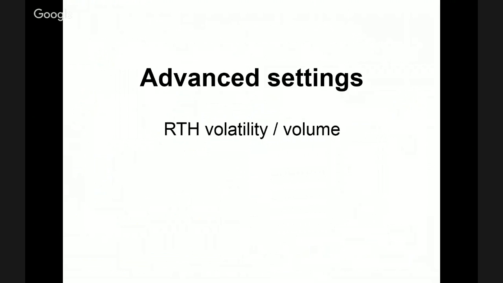So for most instruments, important volatility and volume levels are created during the regular trading hours, and that's what we call the RTH. It's therefore useful to distinguish between this particular session and the other sessions.